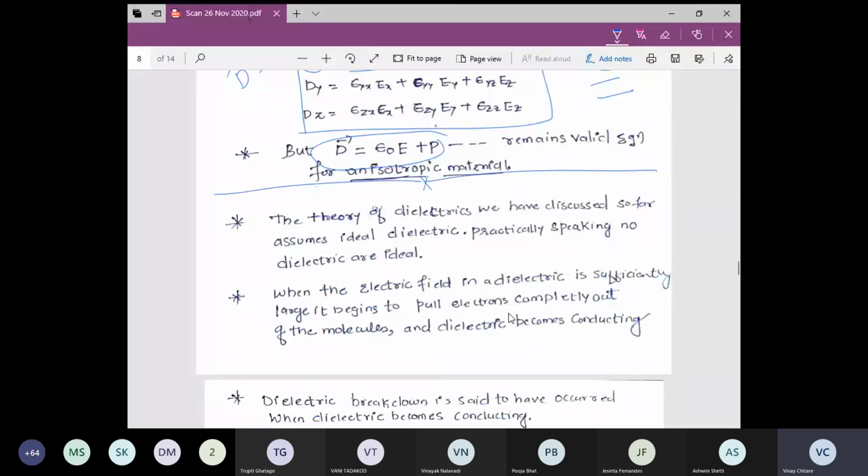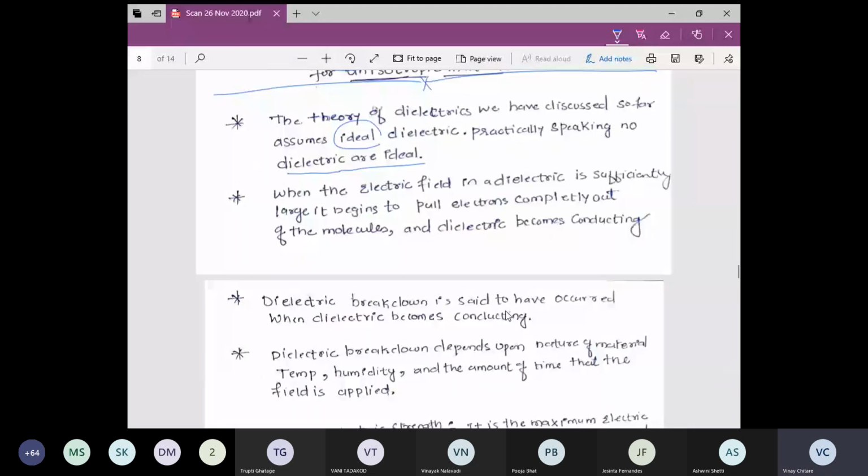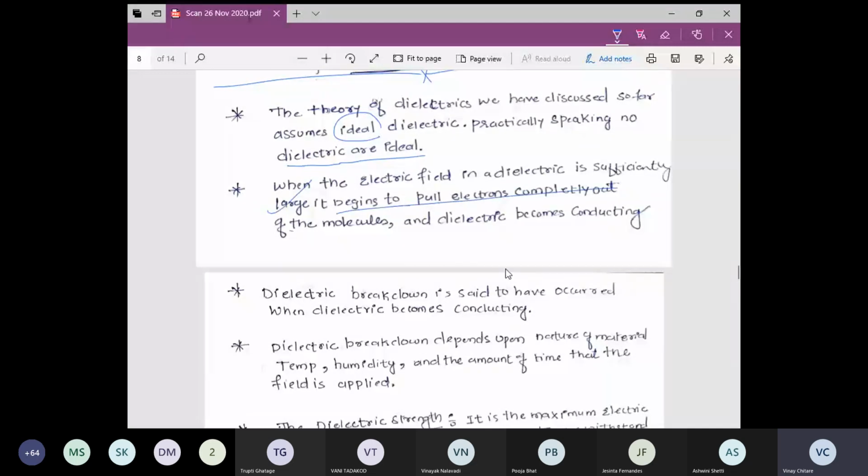Now, one more thing: the theory of dielectrics we have discussed so far assumes an ideal dielectric. Practically speaking, no dielectrics are ideal. When the electric field in a dielectric is sufficiently large, it begins to pull electrons completely out of the molecules and the dielectric becomes conducting.